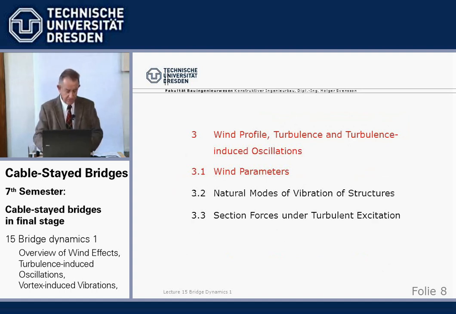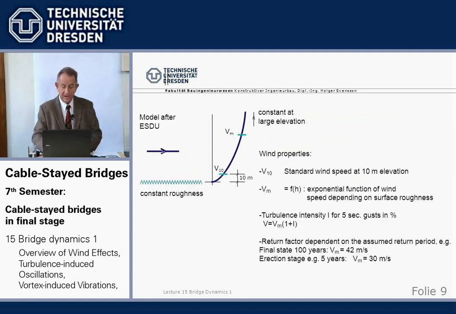We start with the general idea of what the wind is, how we define the wind. We have basically two characteristics. That is the wind speed at 10-meter height, which is given by codes or which has been measured on a remote site.